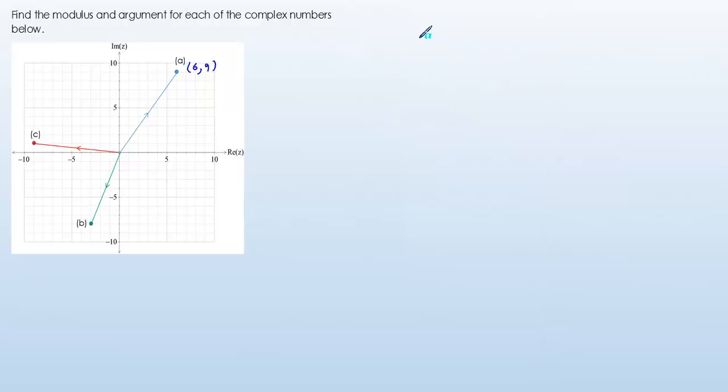Now let's come to part B. So we know that this one is at -3, -8. So the modulus is easy enough. Modulus of -3 take 8i is just going to be the square root of 3 squared plus 8 squared.